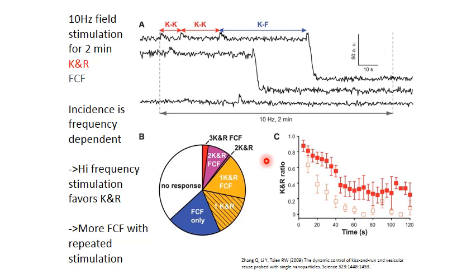So at a higher frequency, kiss and run is favored. And eventually, with many more stimuli, full collapse and fusion becomes higher probability than the kiss and run, because we're below the 0.5 line here.